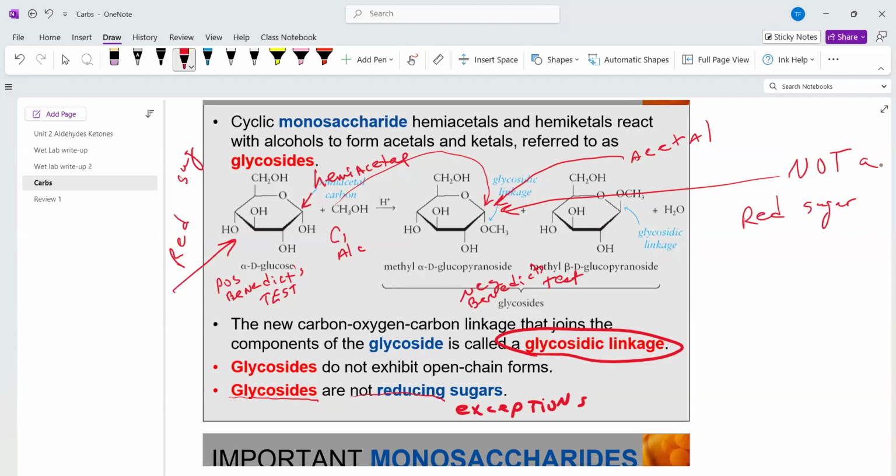The A1C test checks how many of those glucoses are stuck on your red blood cells. It's a metric to determine whether your blood sugar has been maintained over time, and this is a long-term measure. Short term, you look at your blood sugar by pricking your finger, checking your sugar at that moment in time. A1C does it over a period of months. But anyway, it's a very common reaction.